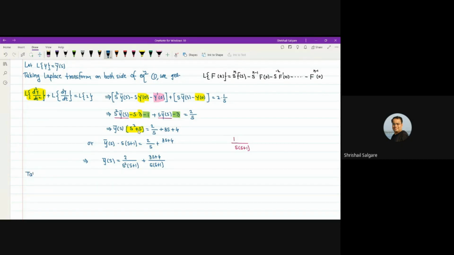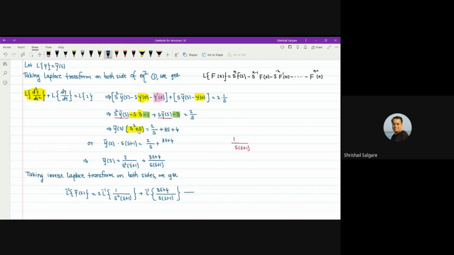Taking inverse Laplace transform on both sides, you will get L inverse of y bar of s is equal to, using linearity, 2 times L inverse of 1 upon s square into s plus 1, plus L inverse of 3s plus 4 divided by s into s plus 1.